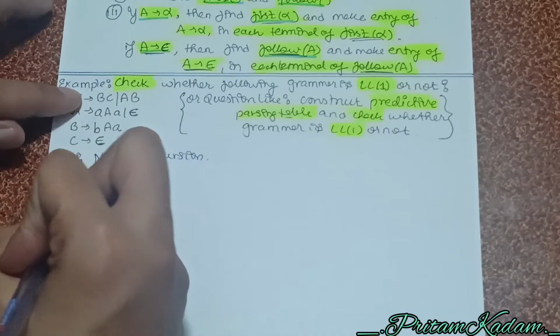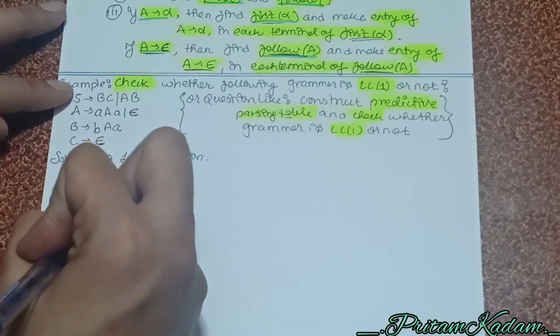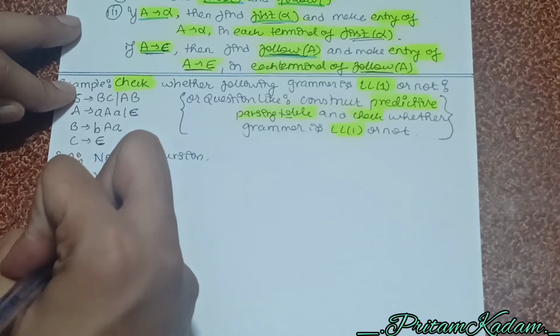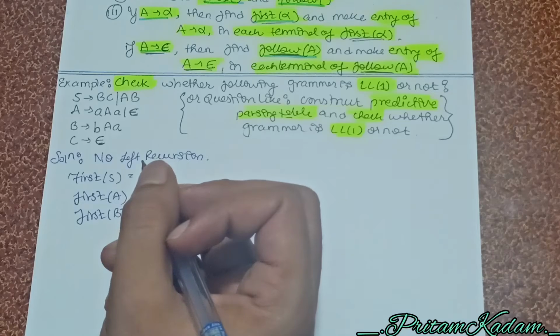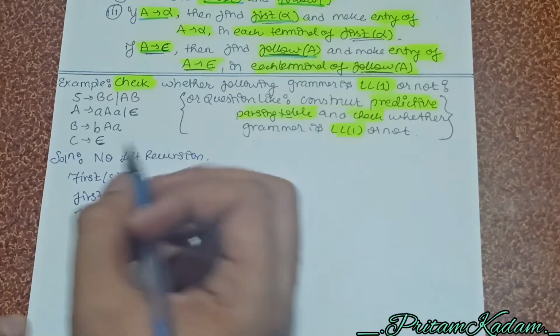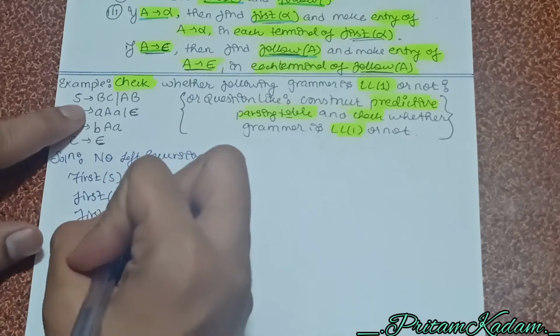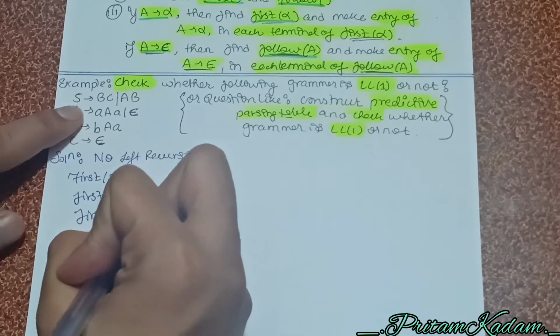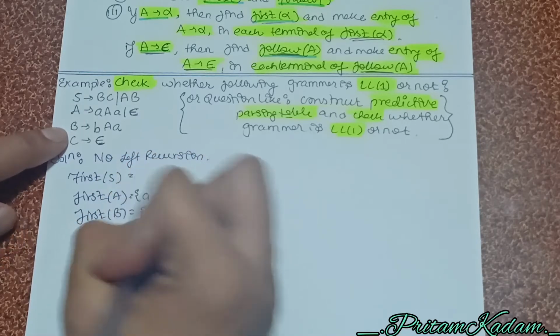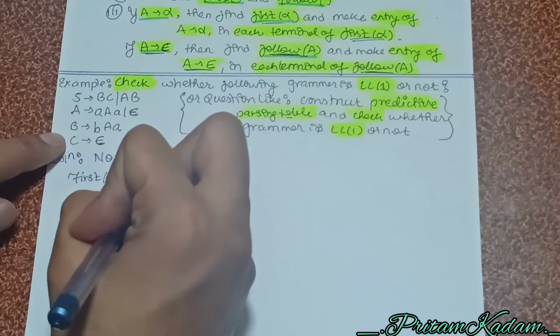So first of S is first of B union first of A. So let us find the first of A and B first. Okay, so first of A is a and epsilon, so let us write it down. Okay, now for B it is small b.